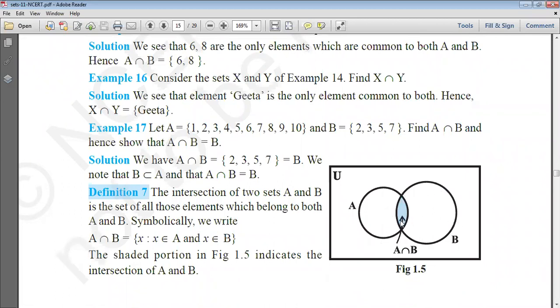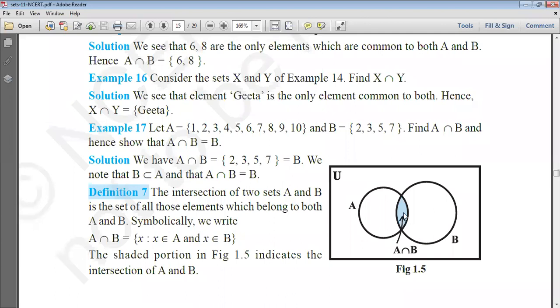The shaded portion you observe is the portion which is common, lying in A and in B also, which we call the intersection. So A intersection B is represented diagrammatically in this way.